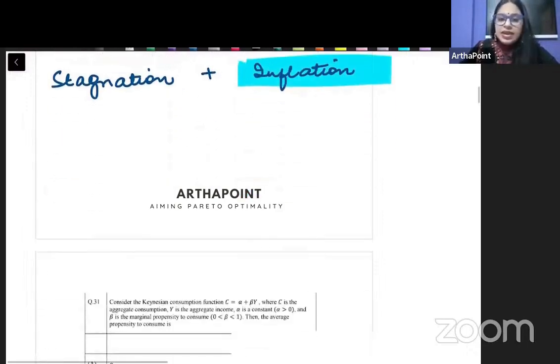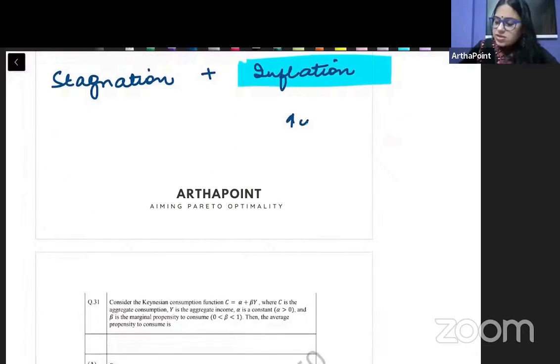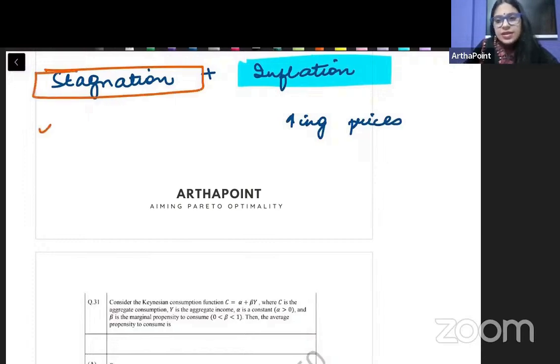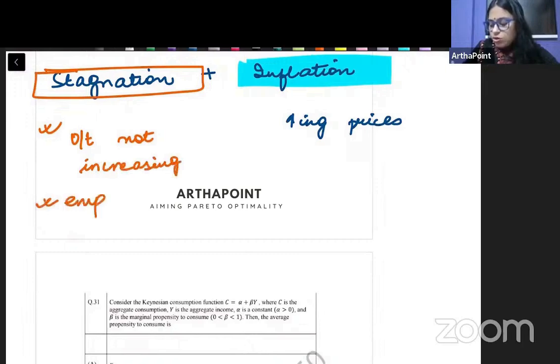Inflation क्या है? Inflation means increasing prices. But what is stagnation? Stagnation means output not increasing. Employment not increasing.